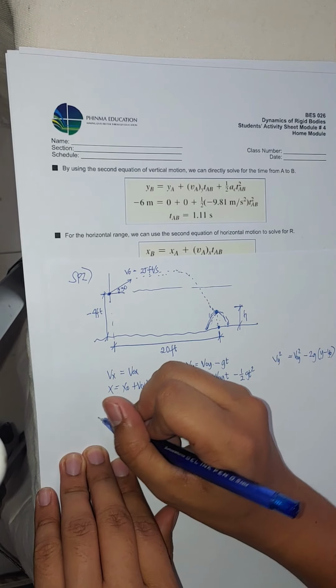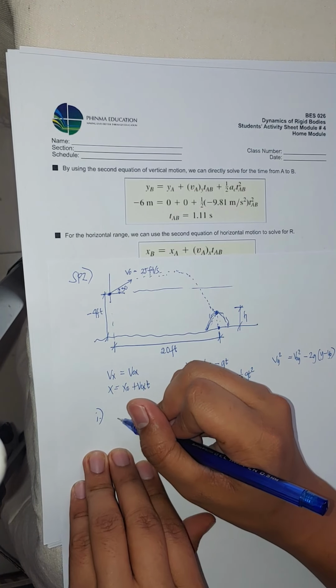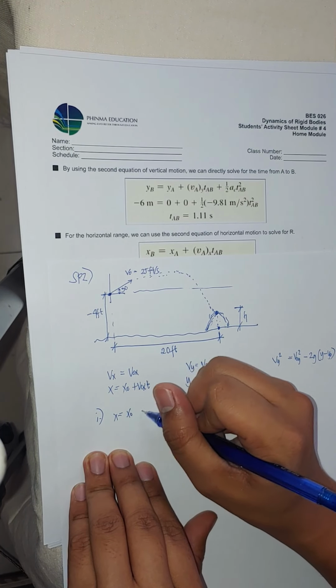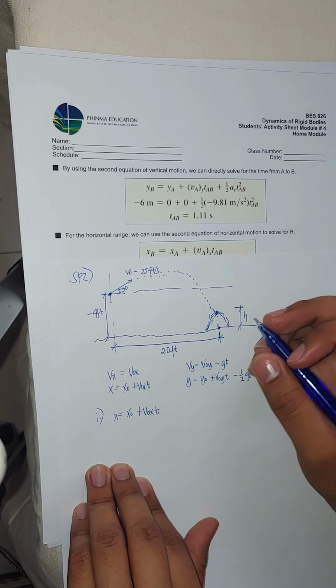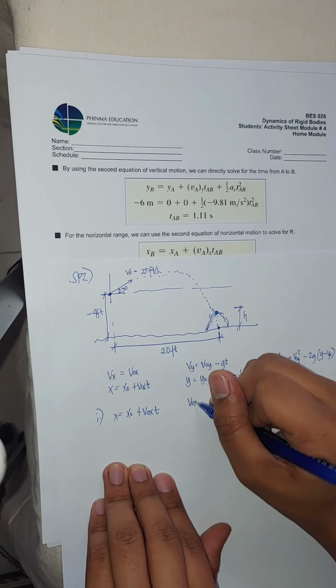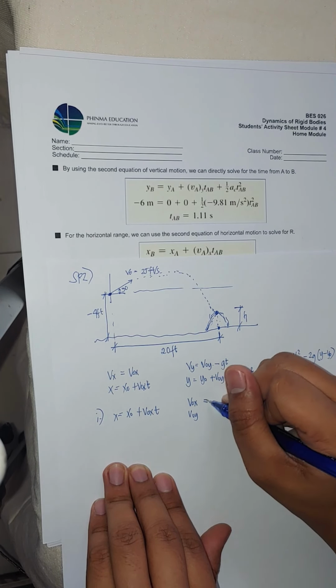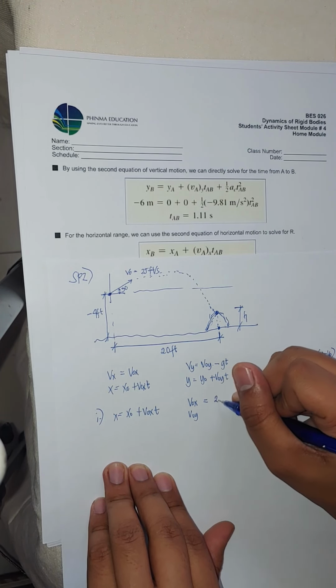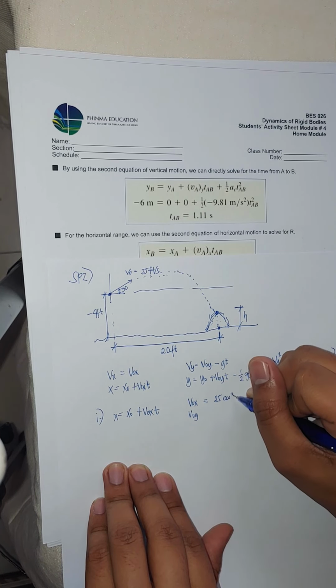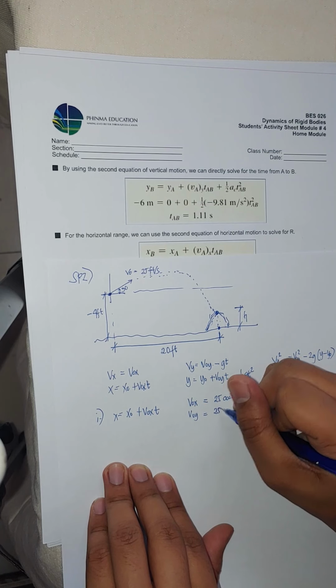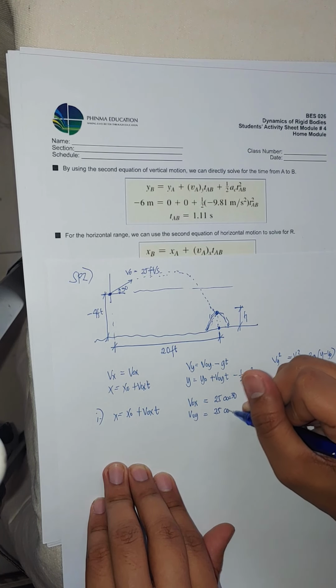So our first step is to solve for the time, using x equal to x naught plus Vox t. Our Vox is equal to 25 foot per second cosine 30, and our Voy is 25 foot per second sine 30.